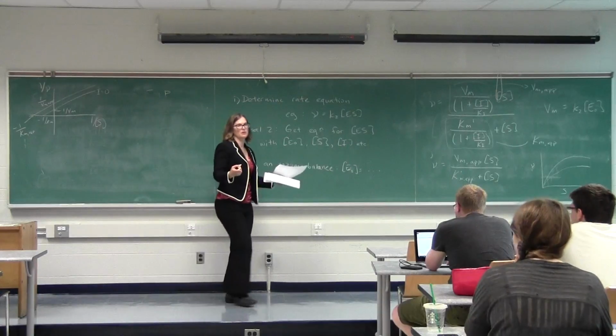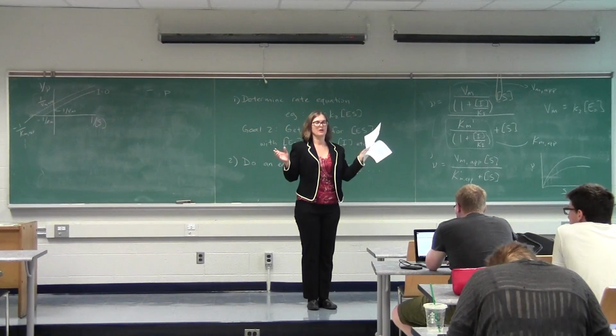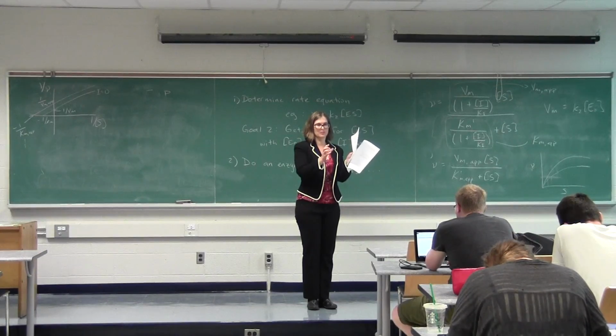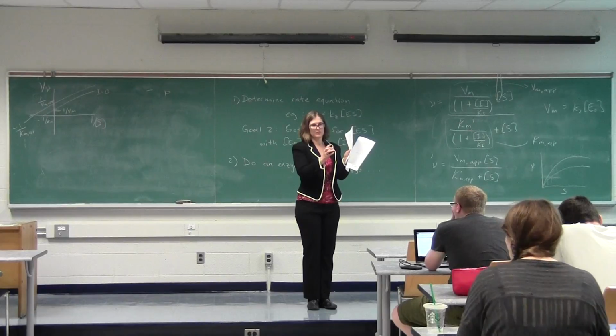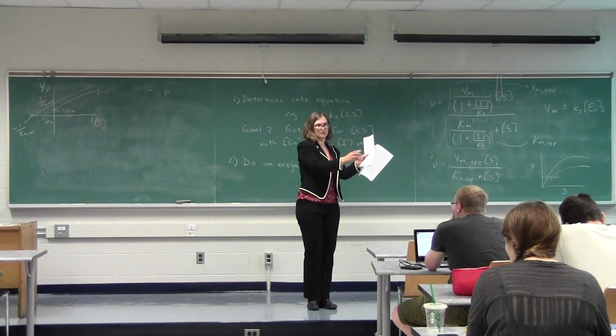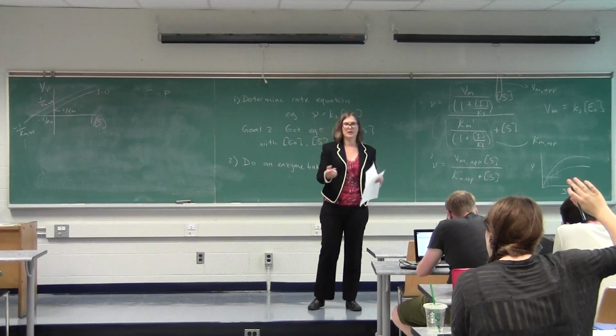So both your affinity between the enzyme and the substrate looks different. That's your Km. So now, if you do experimental measurements, it's going to look like you've got a different one, and your Vmax is going to be different.